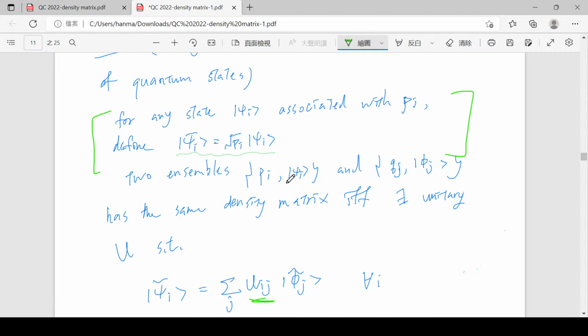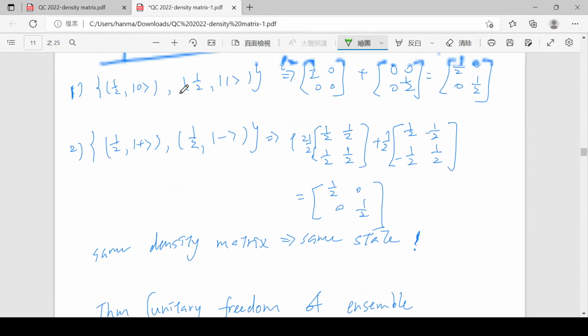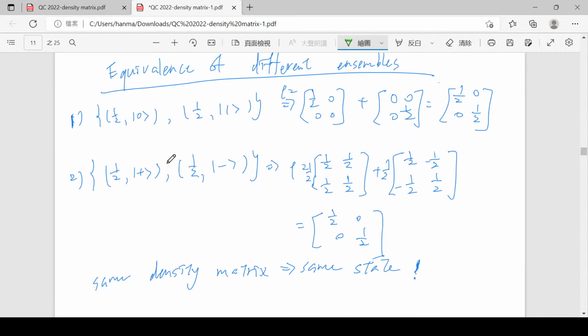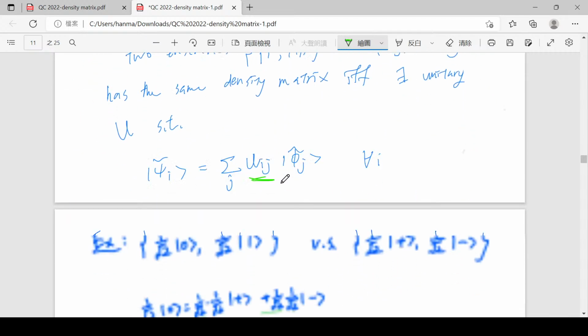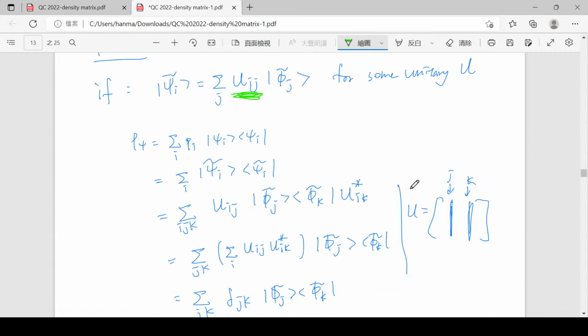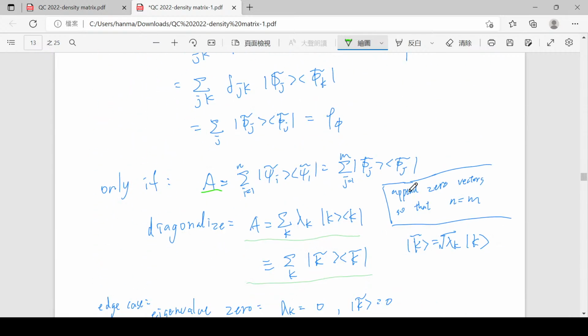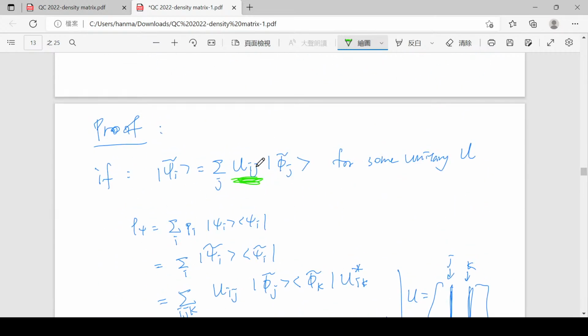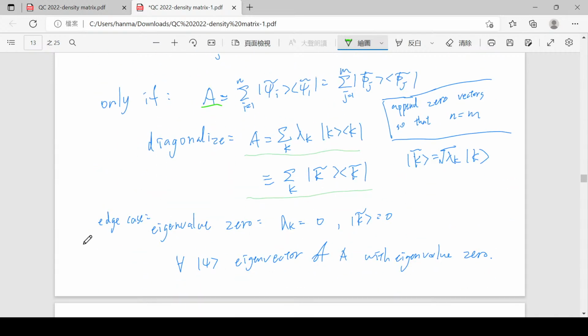It's hidden in the notation, but this i can be from 1 to 100, and j can be 1 to 200, and the dimension can be 2 or 5. So there are three numbers that are different, and when we think about a unitary, we kind of want it to be a square matrix.